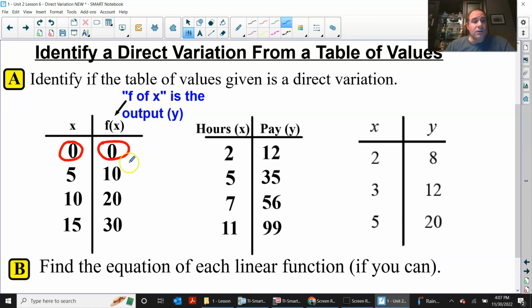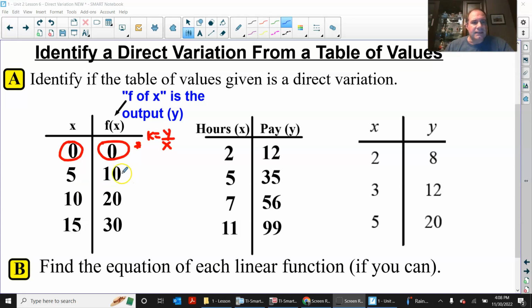All right. So far we're good here. So just remember, when you're dividing the y and the x, and you get the same number, the same constant throughout the whole thing, and it crosses through 0, 0, it's a direct variation because this is a proportional relationship.